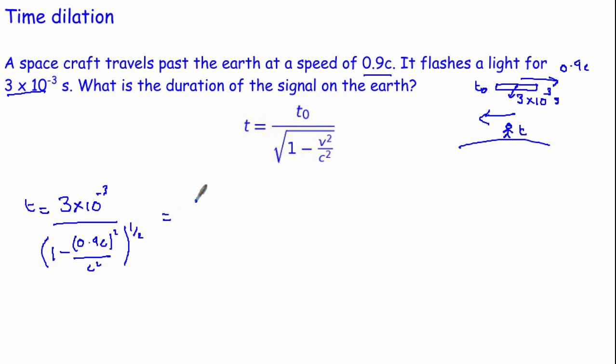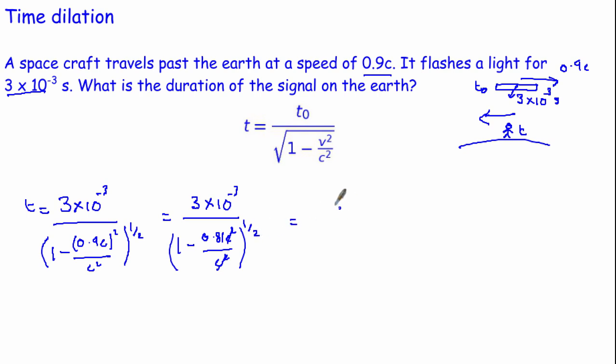So if we just simplify this, because there's a nice little trick we can do in a second, that's 10 to the minus 3 over 1 minus 0.9 squared is 0.81, and c squared over c squared, all to the power of a half. Well, the c squared on the top and the c squared on the bottom cancel each other out, so I've just got 1 minus 0.81.